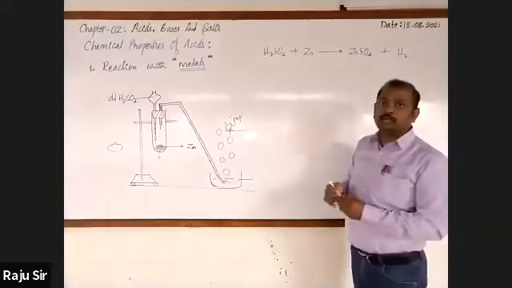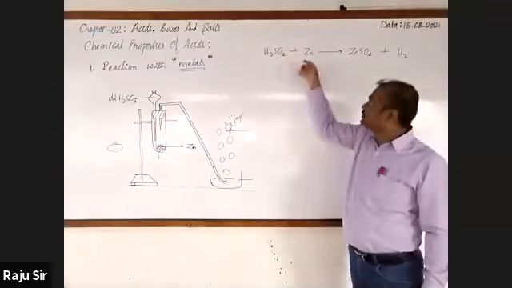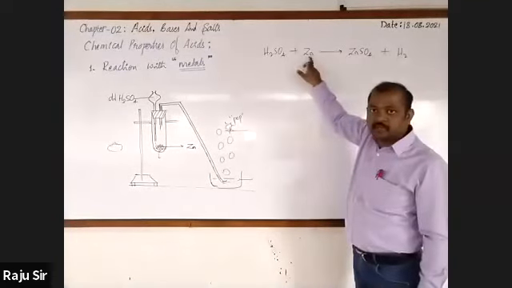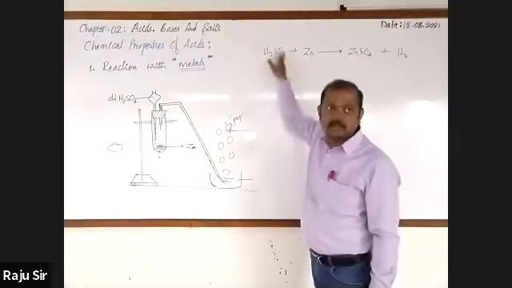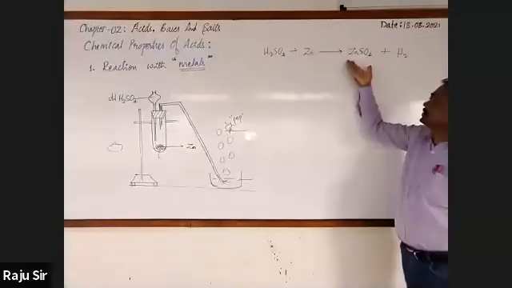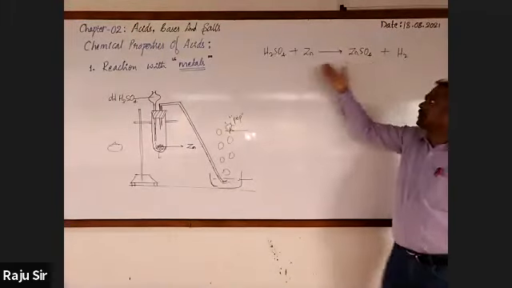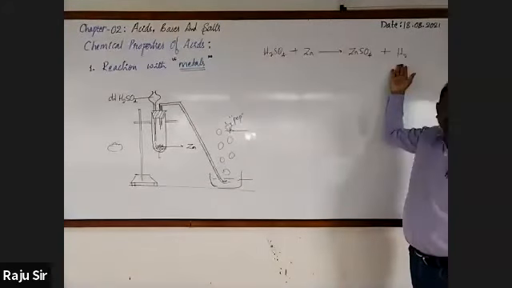Here, during the chemical reaction, the zinc displaces the hydrogen which is present in the sulfuric acid, then forms a compound called zinc sulfate, and this hydrogen gets liberated.